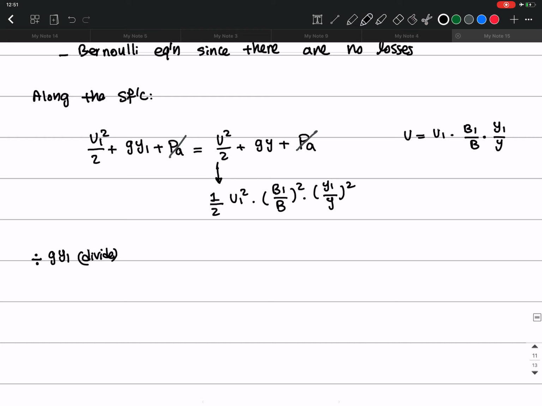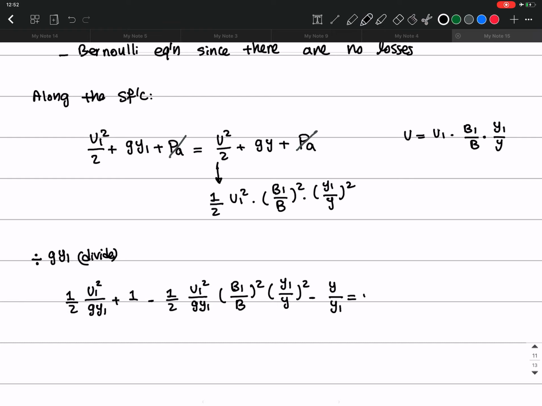So I'm gonna get this 1/2 u1 squared over gy1 plus 1 minus, I bring this to the left hand side, minus 1/2 u1 squared over gy1 times b1 over b squared times y1 over y squared minus y over y1 equals to 0.